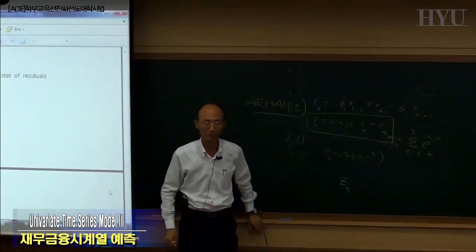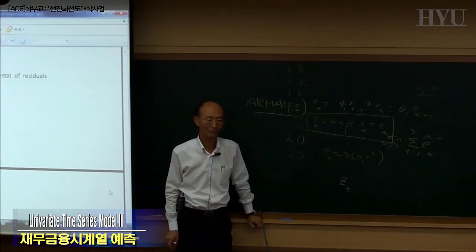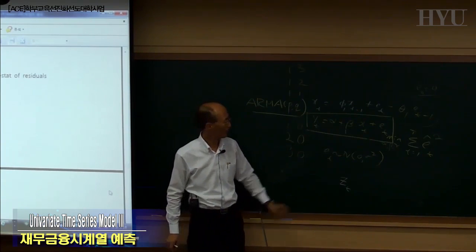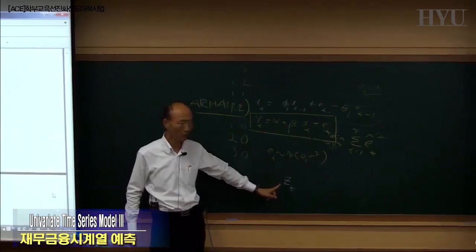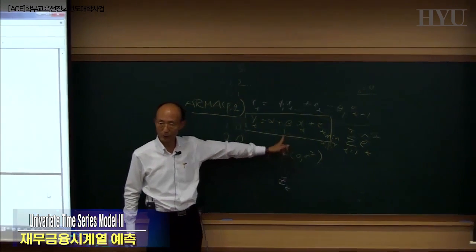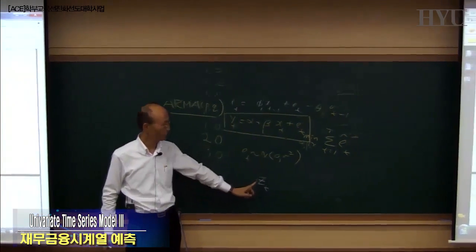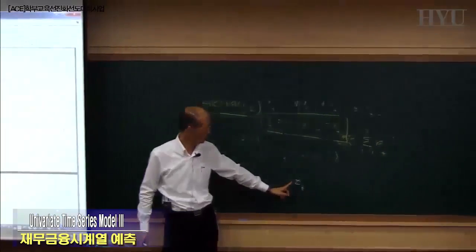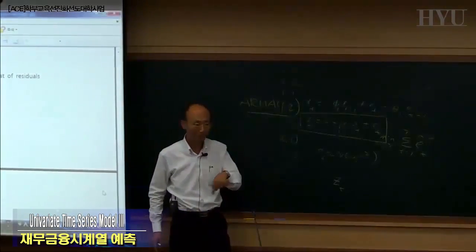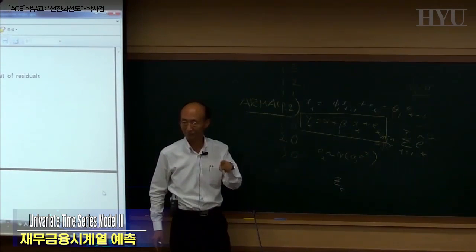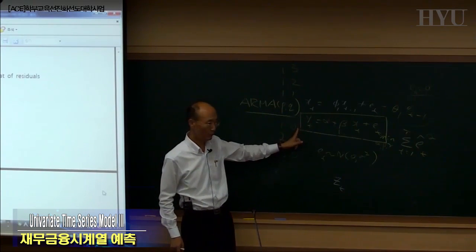What happened? If this is true, and you accidentally included a redundant variable in your regression, if things go well, then the coefficient to this one will turn out to be 0. Right? If this is true.